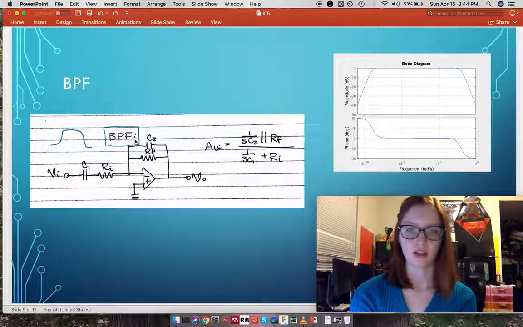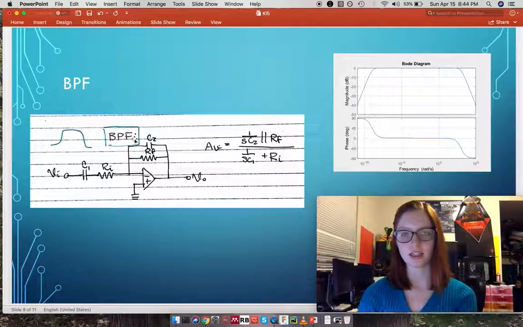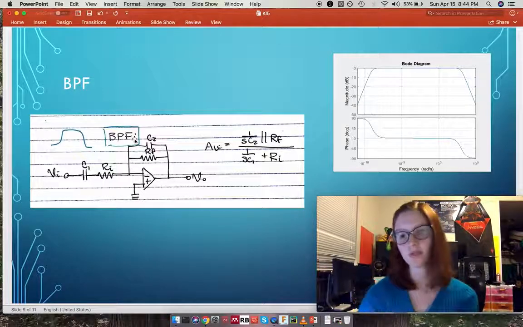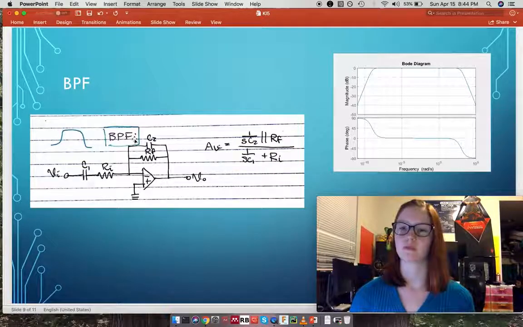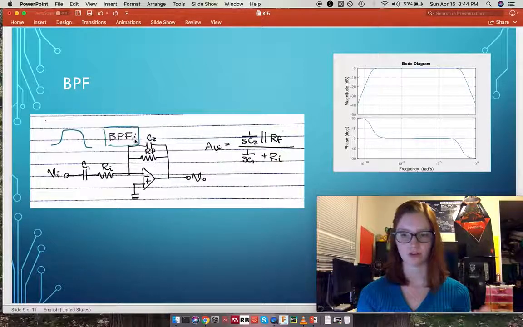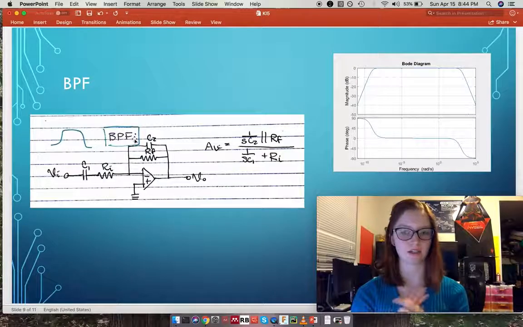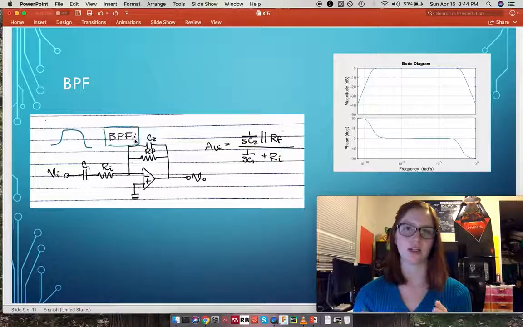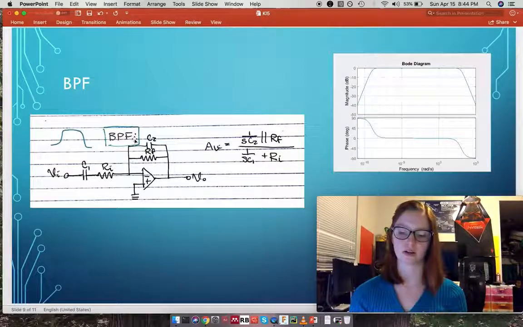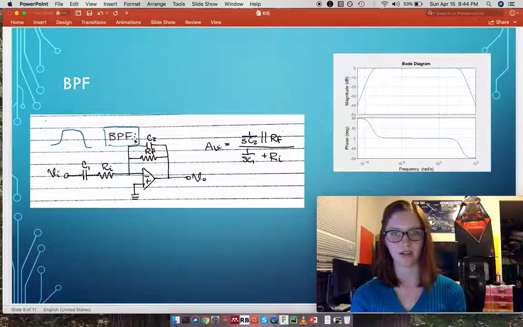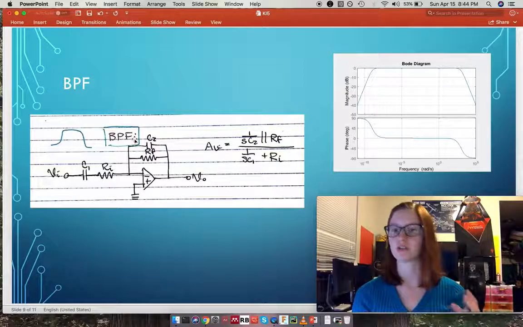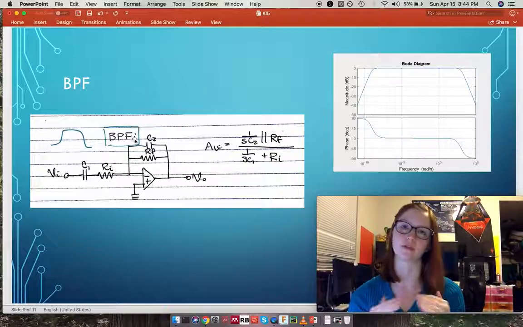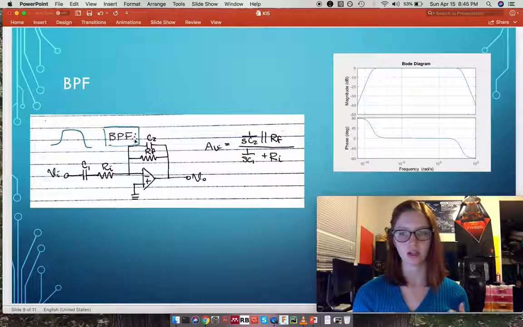Now, if we cascade these, or put them in series, we end up with this Bode plot, where we're cutting off the higher and the lower frequencies we don't want, just picking the signal that we are interested in. The reason we do this is because there are tons of radio waves in the air around us, and we just want one specific signal. So we're going to limit our bandwidth to the bandwidth that we want to receive. That's why we use this bandpass filter.